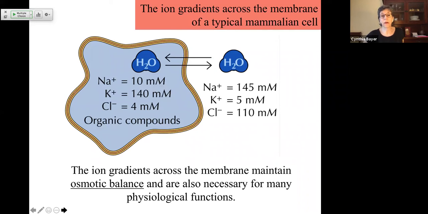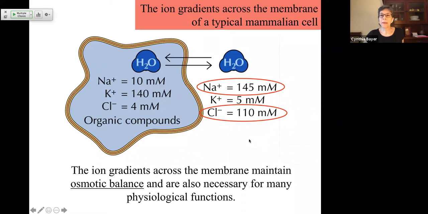In addition, there are other pumps that will actively transport negatively charged chloride ions outside the cell, which is why our cells are existing in biologic fluids that are very salty, right? Very high in sodium ions and chloride ions.